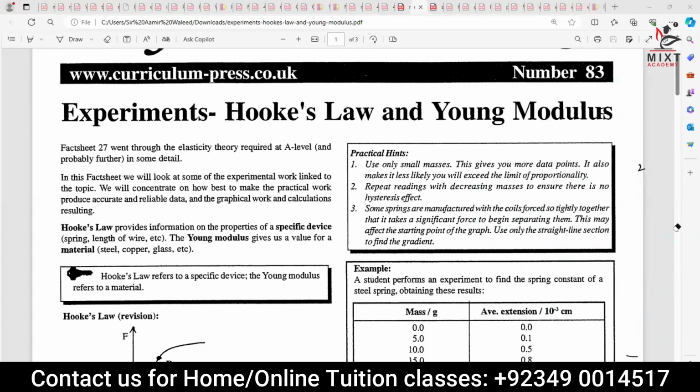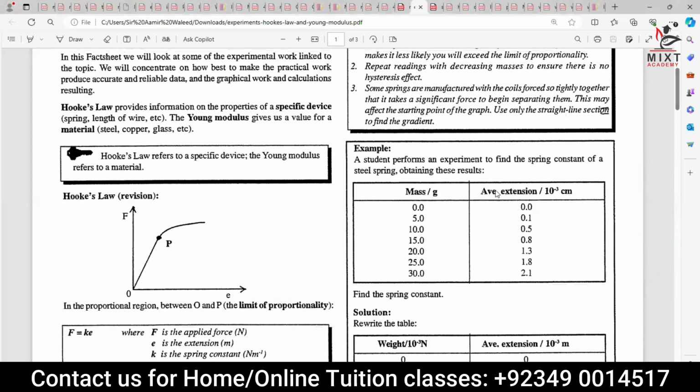Manu, what is Hooke's law, by the way? What comes to your mind? Yes. How to define it? Well, I know the equation. Okay, let's do that.